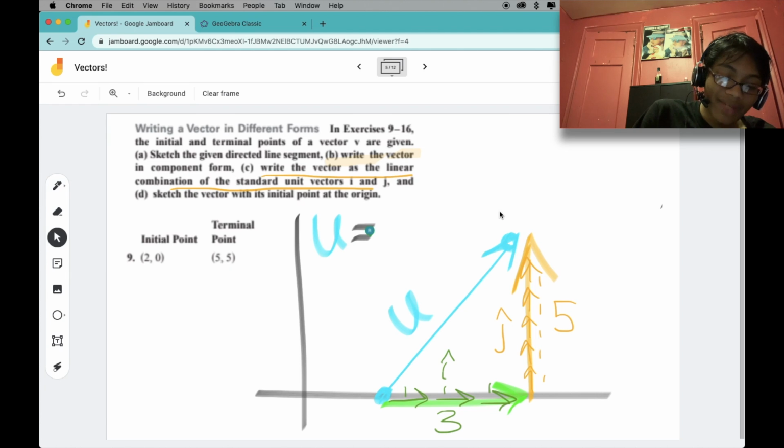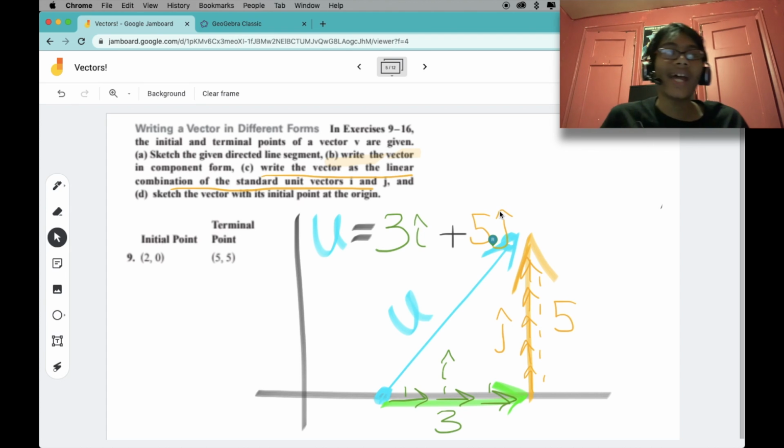It's going to be made up of 3 i hat vectors, plus 5 j hat vectors. Not too hard, ladies and gentlemen, not too bad.